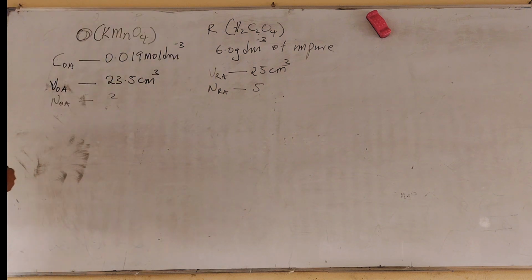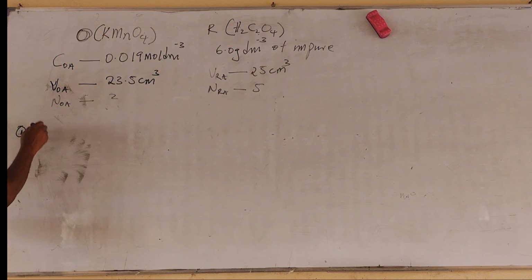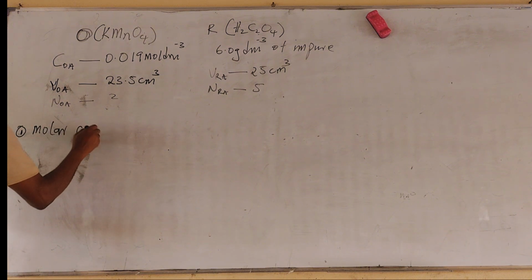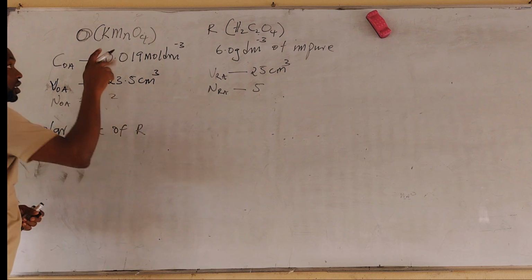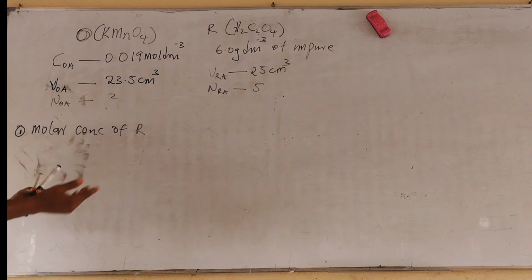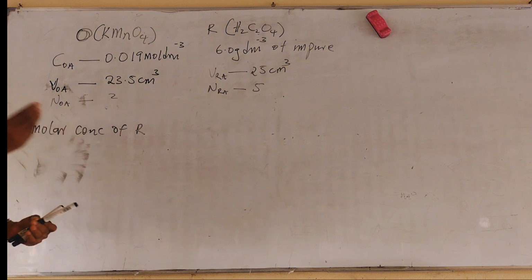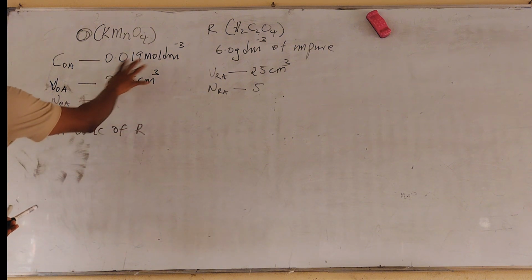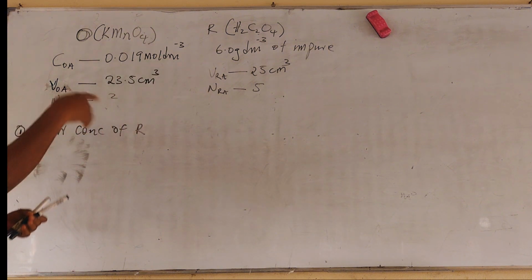So the first thing is molar concentration of R, which is the reducing agent, ethanedioic acid. To get the molar concentration of that, we have the CVA formula, we also have mass concentration over relative molecular mass, we also have amount over volume. If you look at those three formulas, the most suitable one to be used is that of CoVo over CrVr. That we can deduce from what is given here, so we can proceed further.